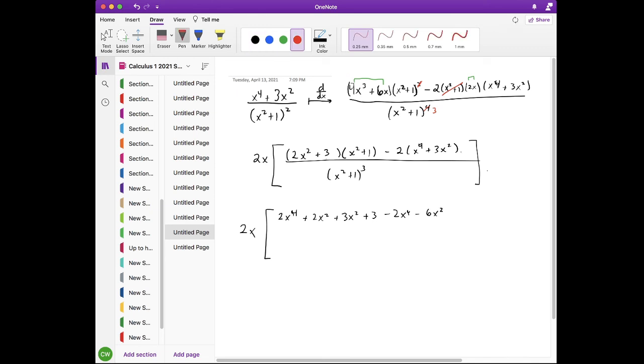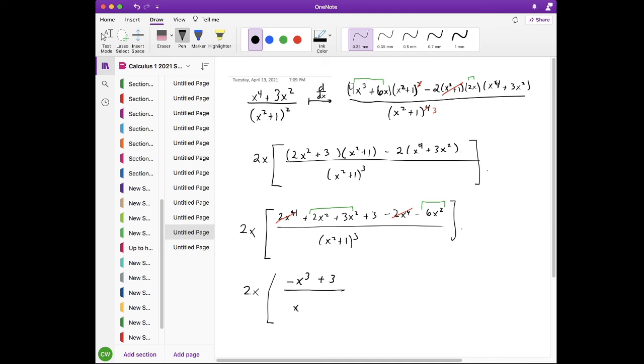So you have a 2x to the fourth and a minus 2x to the fourth. This gives you 5x squared, and then minus 6x squared is negative x squared, and then you have a 3 left over. Okay, so you have 2x times negative x squared plus 3. So it actually simplified kind of nice.